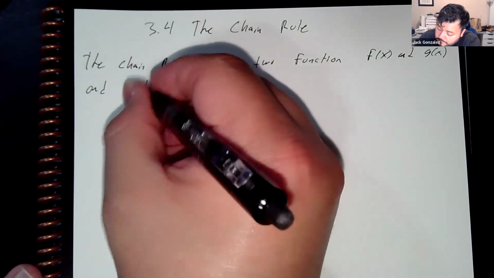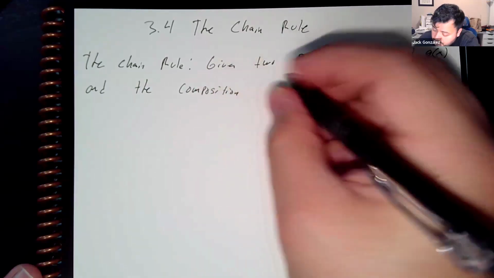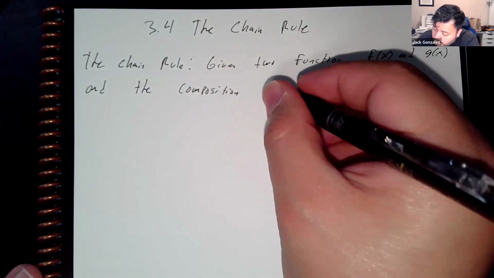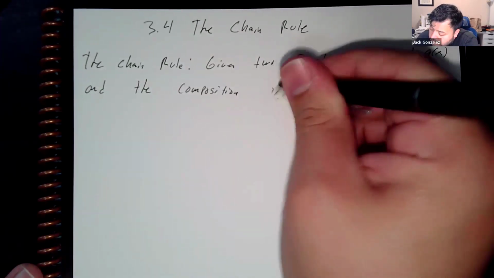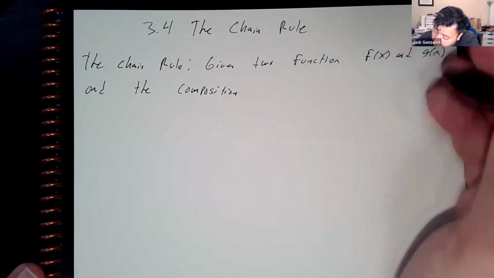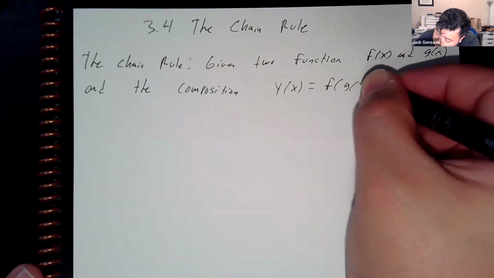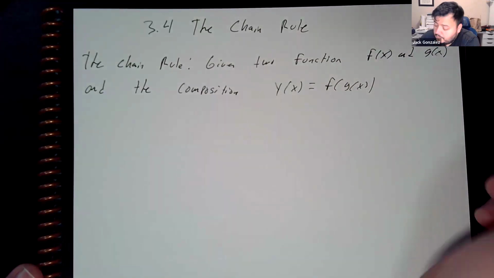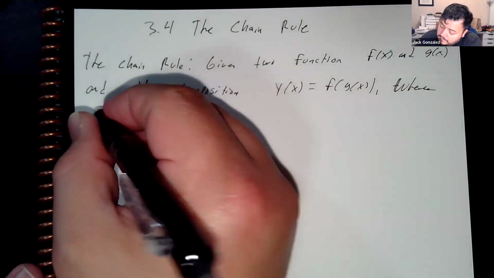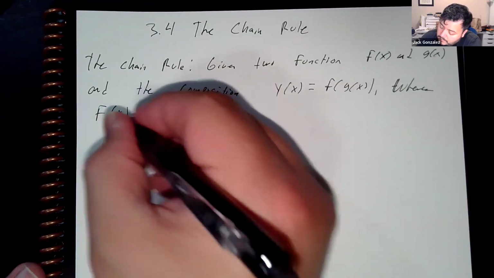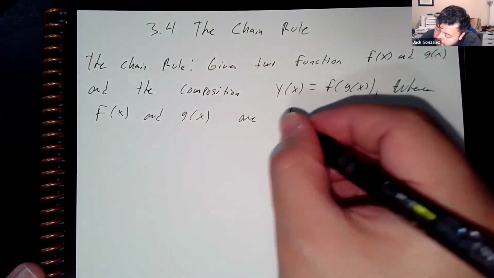and the composition, we'll call it y of x. The composition will be y of x equal to f of g of x, where f and g are differentiable.